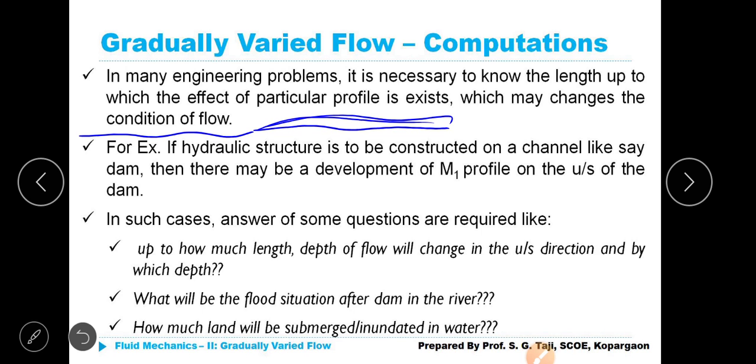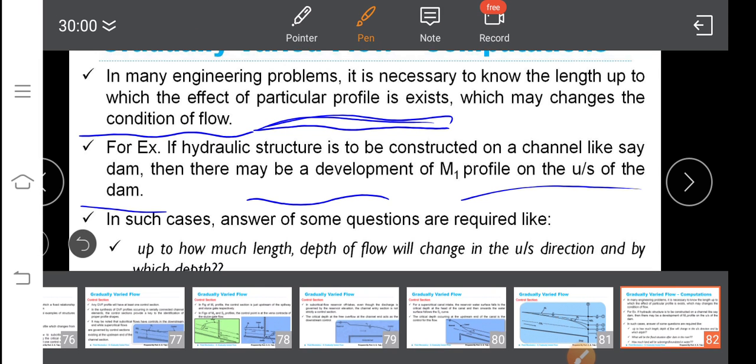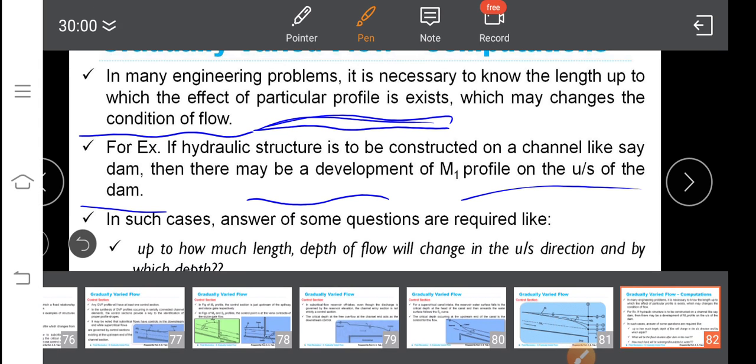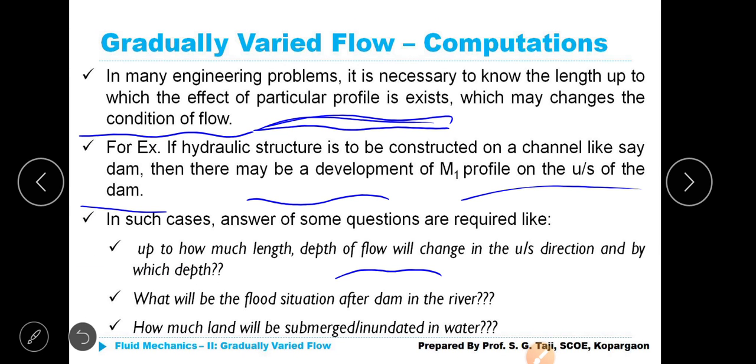For example, if a hydraulic structure like a dam is to be constructed on a channel, there may be a development of an M1 profile on the upstream of the dam. In such cases, answers are required to questions like: up to how much length will the depth of flow change in the upstream direction, and by which depth?